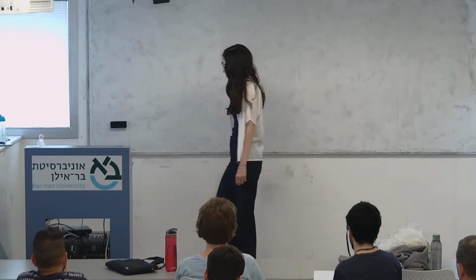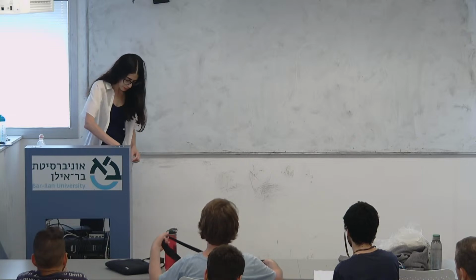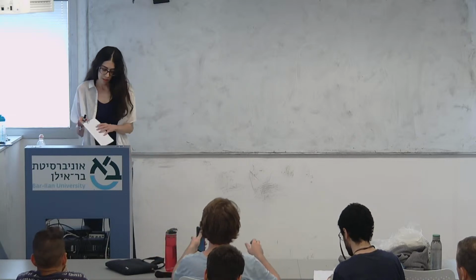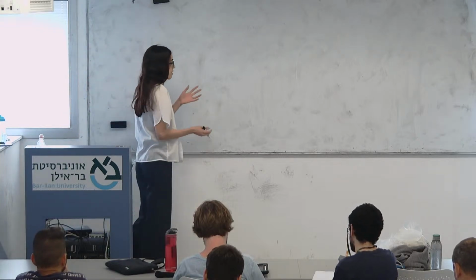So the previous time we talked about mean field theory, and basically we found the free energy for different types of Ising model type systems.